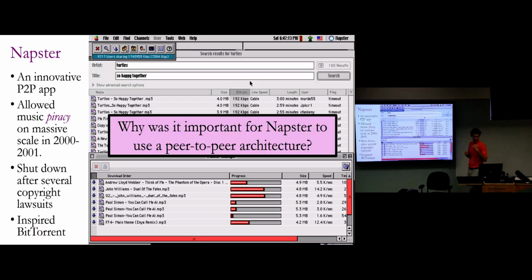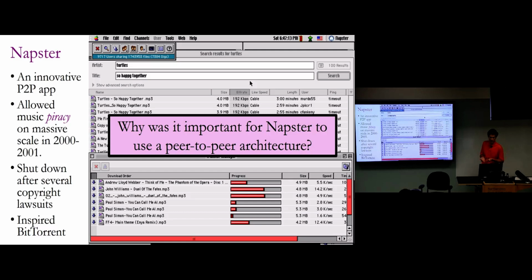So this allowed someone who wrote a software application like this, without having any servers or infrastructure, with very little cost, to operate this kind of global network that handled a lot of data.